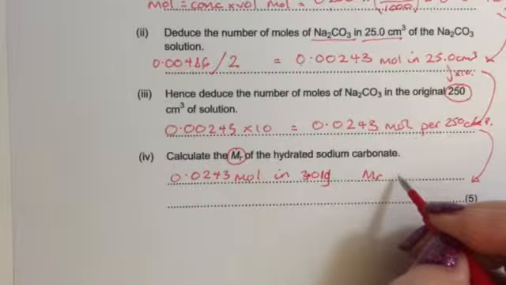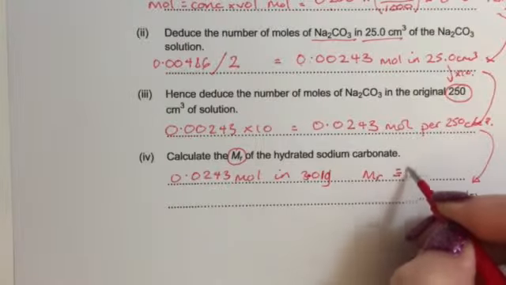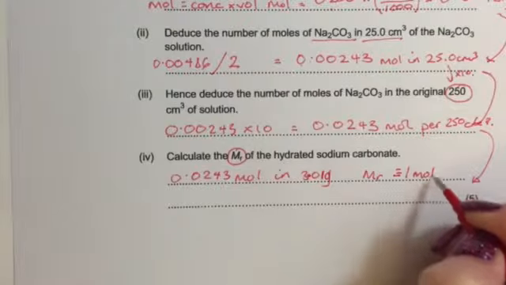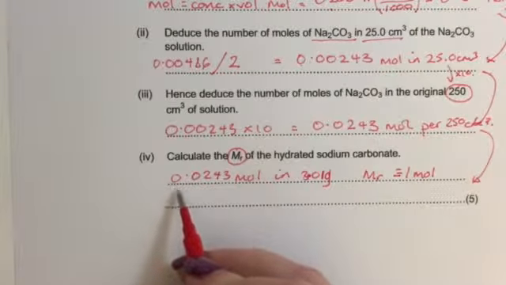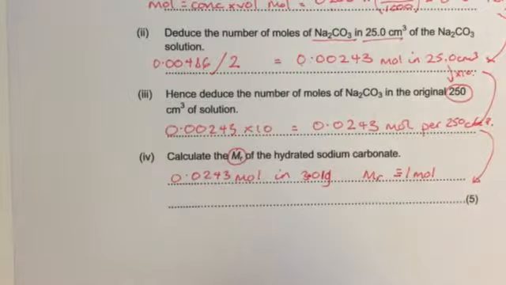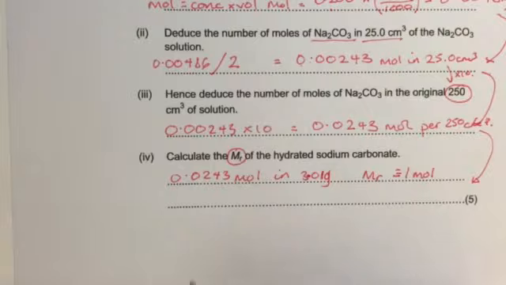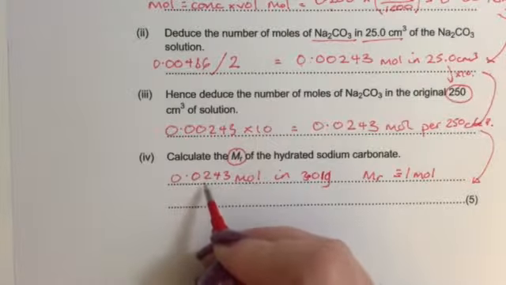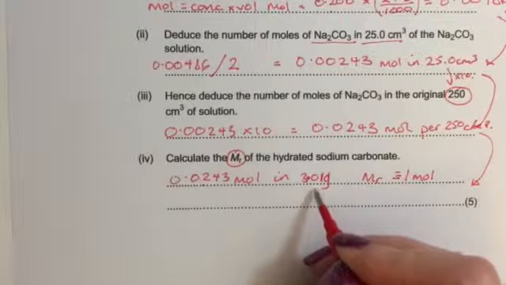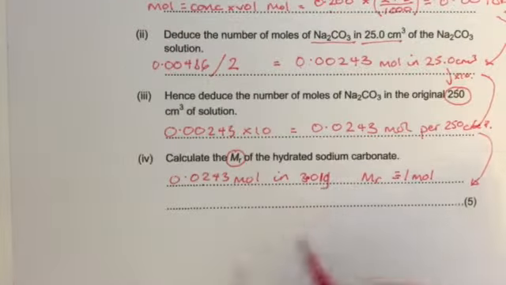And if you can remember, the relative mass is always the mass of 1 mole in grams. So really what we want to know is how heavy is 1 mole. Okay, so how are we doing this? Well, what we want to do is we want to make this number 1, because if we can make this number 1, it will make this number the correct value for the weight per grams.